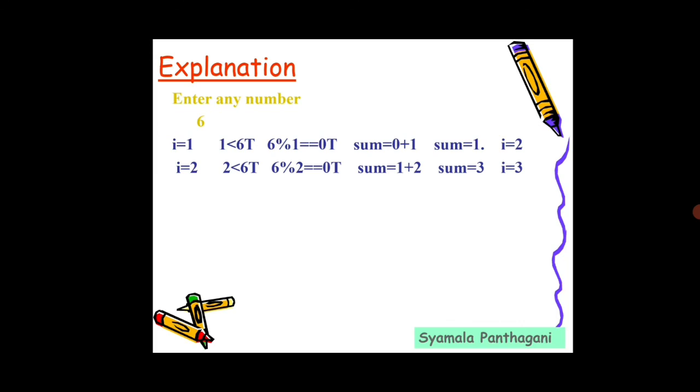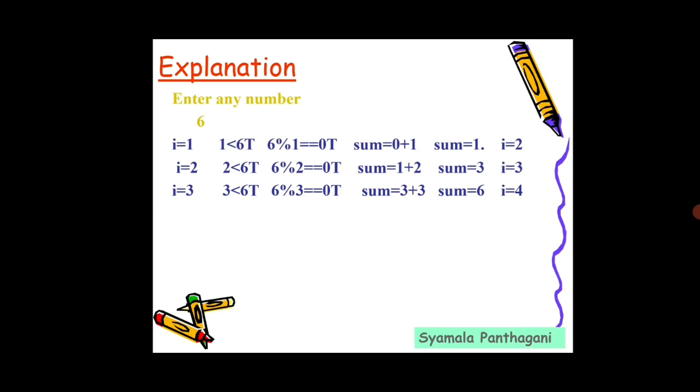Now it increases the value of i and goes to the next iteration with the new value of i, that is equal to 3. 3 is less than 6. This is also true. Now 6 mod 3 is equal to 0. This is also true. That's why we add that one to the previous value of the sum. In the previous iteration, the value of sum is 3, plus here the factor of the given number is 3. 3 plus 3 is equal to 6.